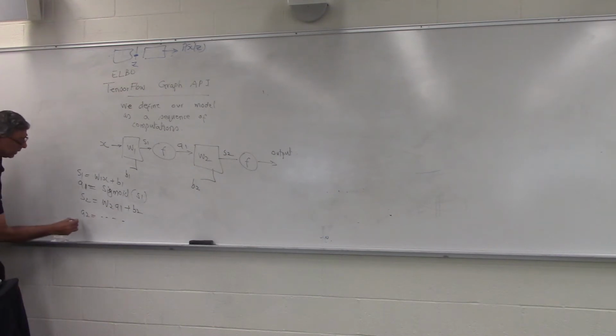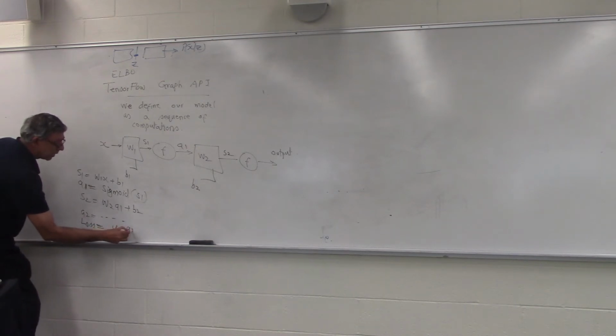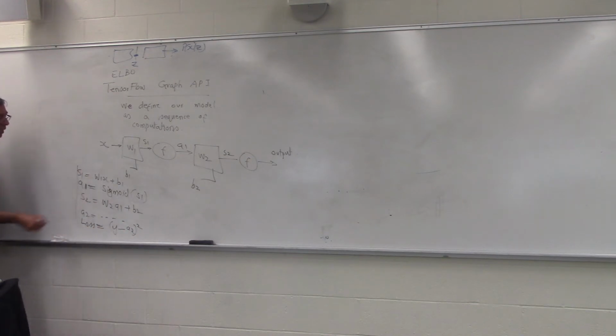Okay, and lastly, you will define the loss function. For example, this could be y minus A2 squared, okay? So literally you're writing the architecture as a sequence of statements in programming, like we do normal programming, right?